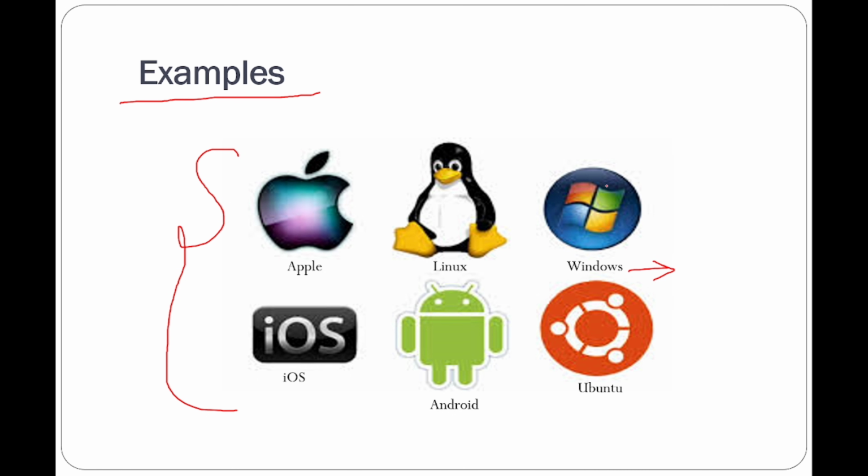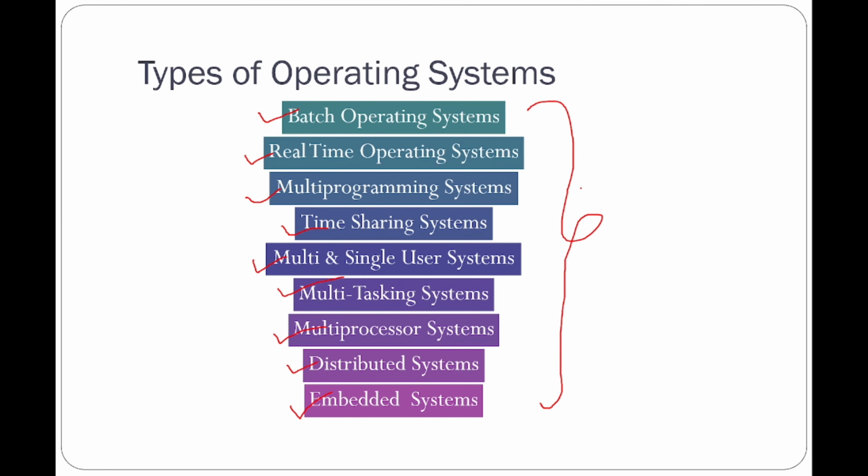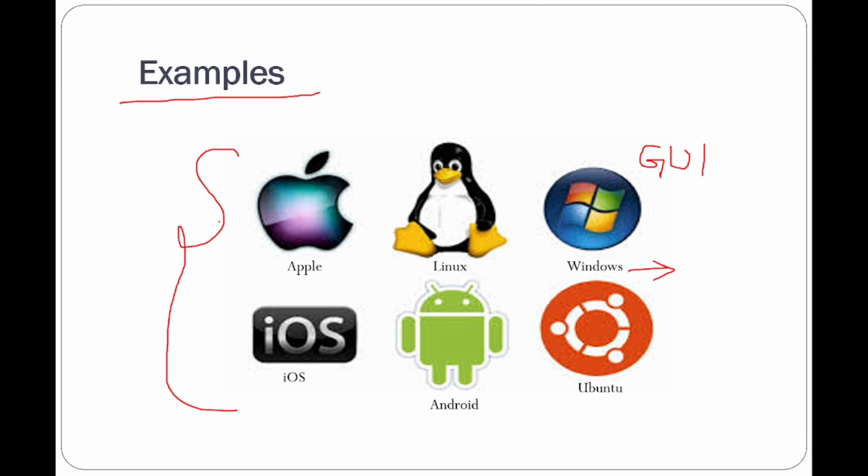So this is an operating system which is a GUI based operating system, and this operating system may have the properties of these types of operating system. So these are the types of operating system, meaning how the internal structure and the working of the operating system is concerned. That is given by these ones, and these are the names of the operating system, right?